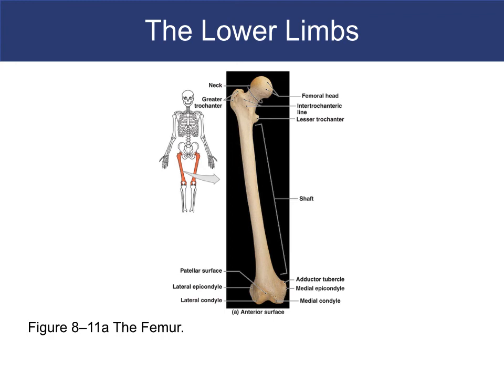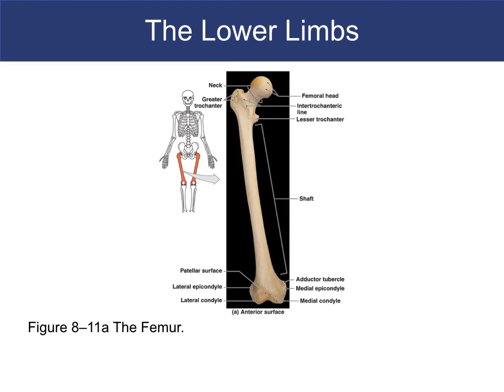There's one more little deal here called the adductor tubercle. That's right here. Remember adduction? What's adduction? No. Adduction is bringing things into the middle, adding to the middle. You've got to get those straight because there's going to be a whole lot of muscles called adductors, and a bunch of muscles called abductors, and so forth.